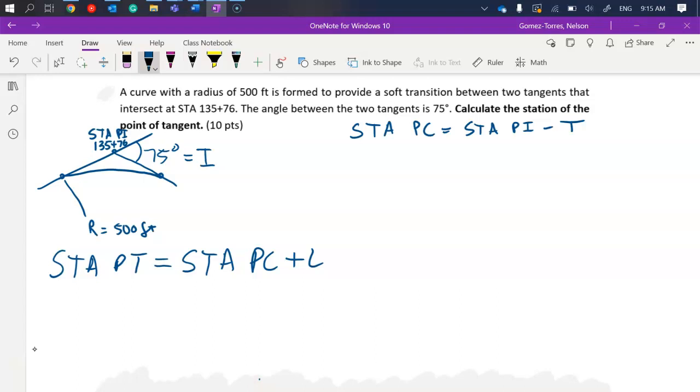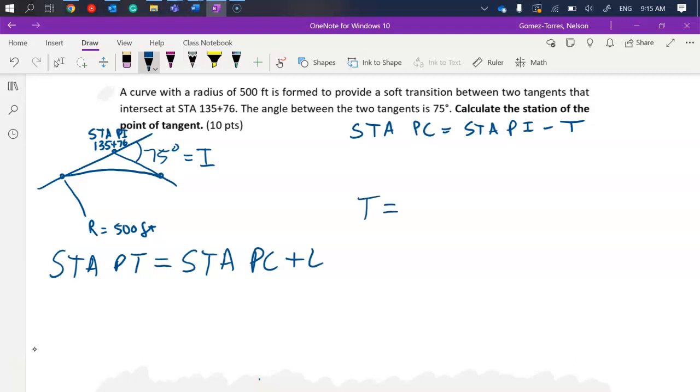We cannot just do the station of PI plus T to get the station of PT, because stations travel through the center of the highway, not through the tangents. So that's why we don't do that. Now, the station of PI, we have that. We have this number, that's the 135 plus 76. What we don't have is T. So let's find out what T is.